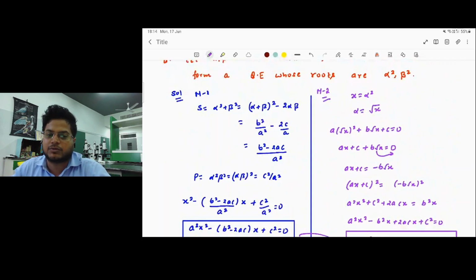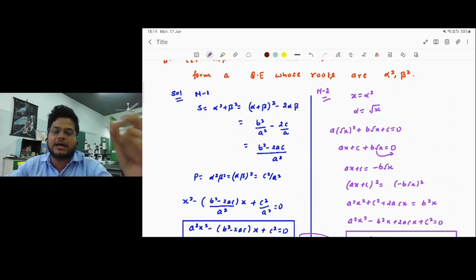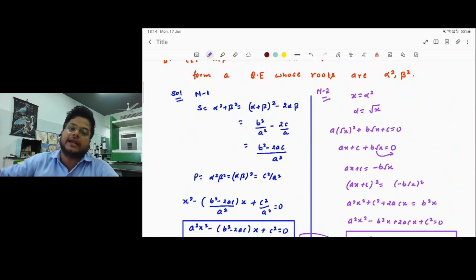Then we'll find alpha, so we will get x to the power 1 by 3, and then we'll try to form that quadratic. Once you get the quadratic, it will have the roots alpha cube and beta cube, isn't it? They are asking alpha cube plus beta cube, which is nothing but the sum of the roots. So you can say the sum of the roots is minus b by a from that obtained equation, not from this equation.